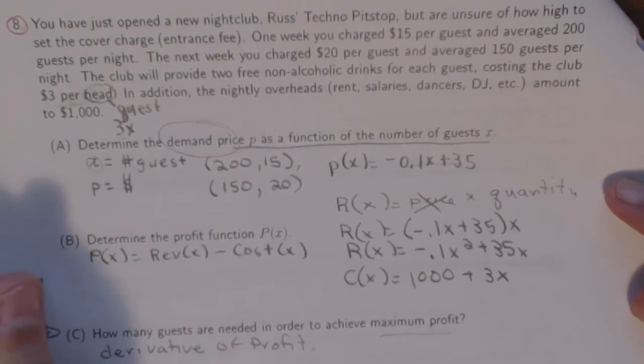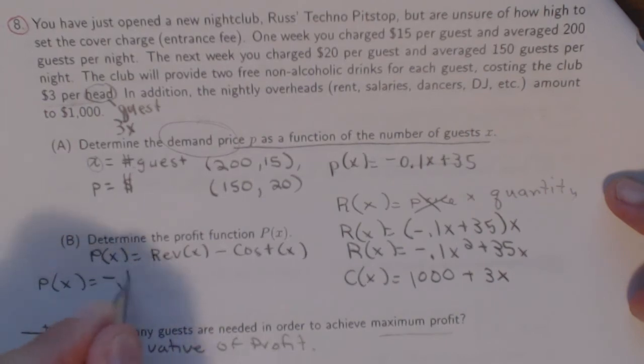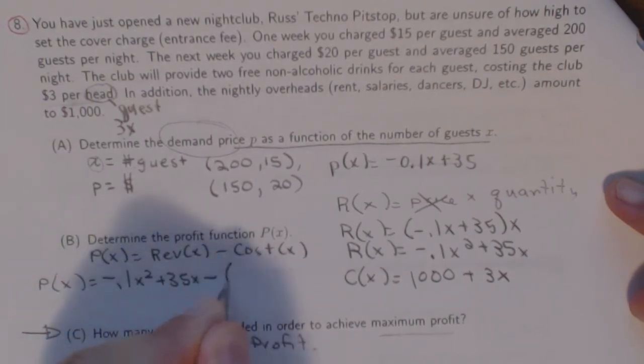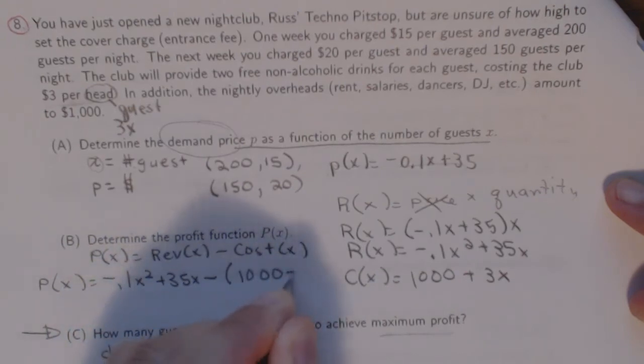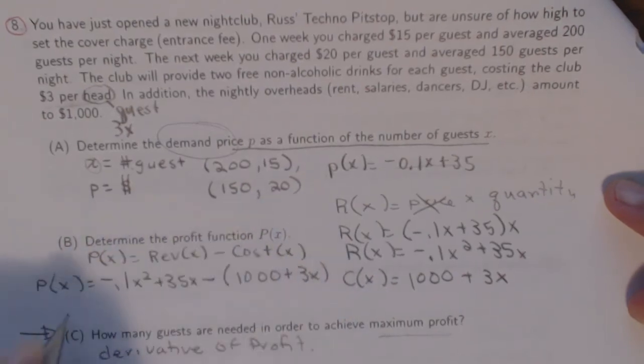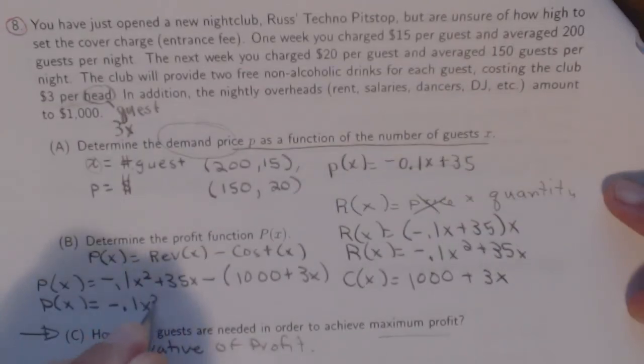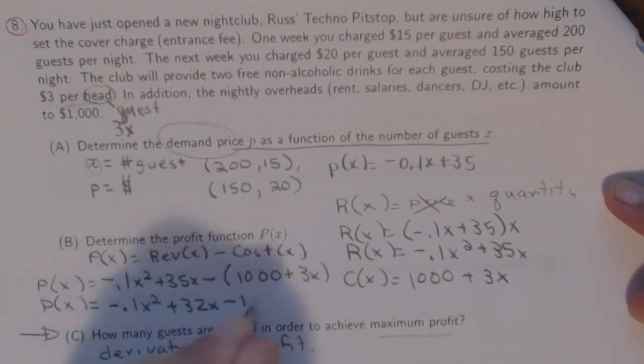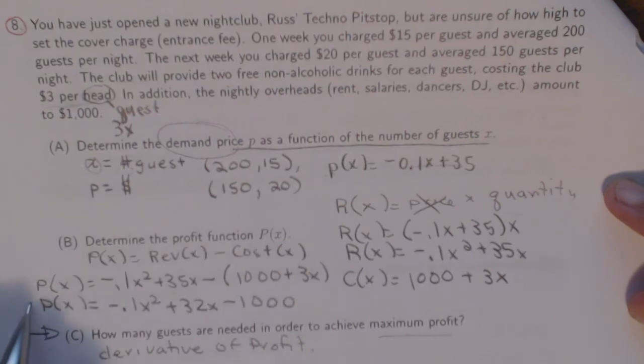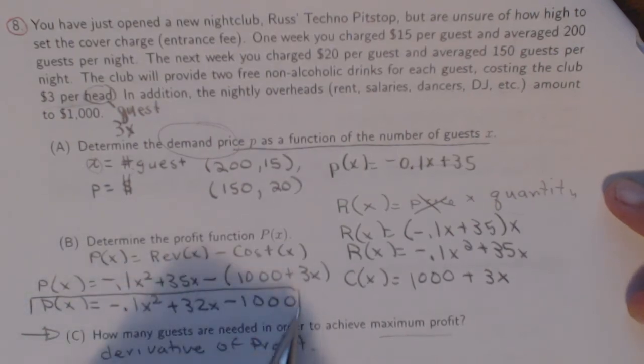So profit is going to be revenue, which is negative 0.1x squared plus 35x, minus this cost function in parentheses, so I can distribute the negative. So you're going to have 35 minus 3x, which is 32x, minus 1,000. And so there's our profit function.